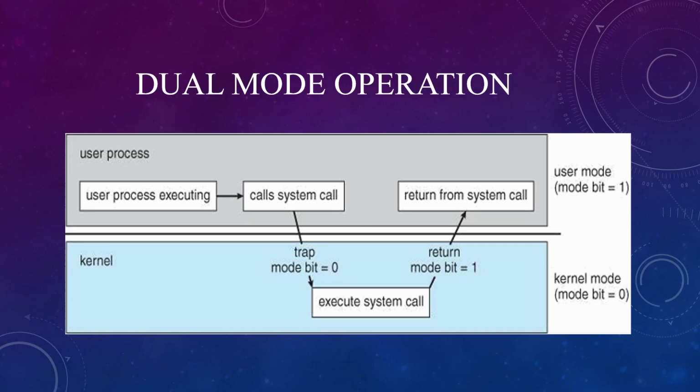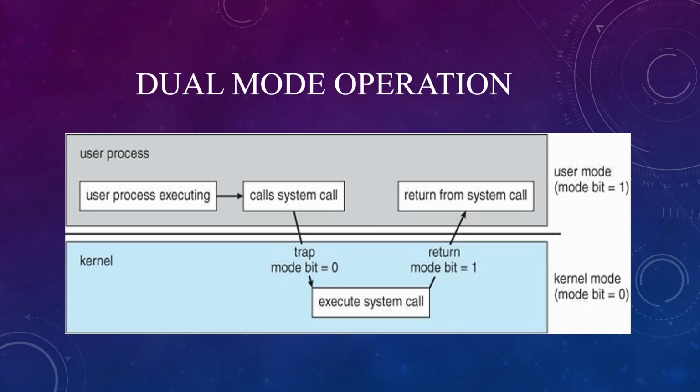Let's walk through the process using the flowchart shown in this slide. User process execution is the first thing to note. The system starts in user mode and a normal application is running, for example, a text editor or a web browser. Then a system call will be made.